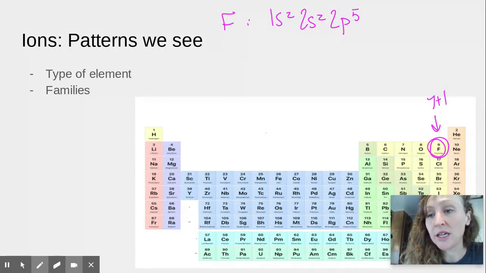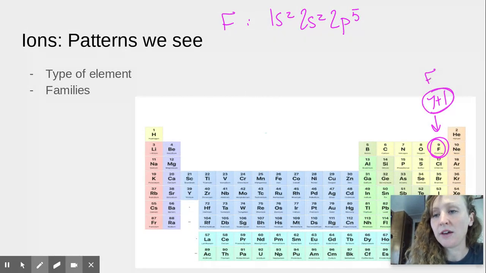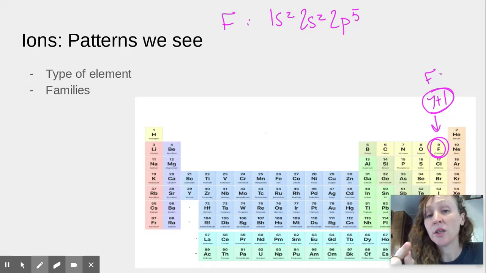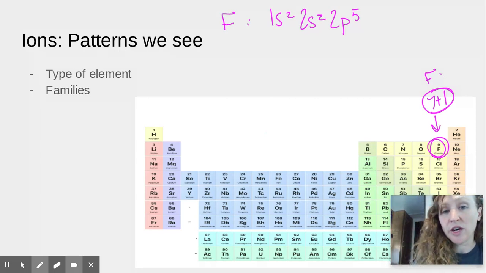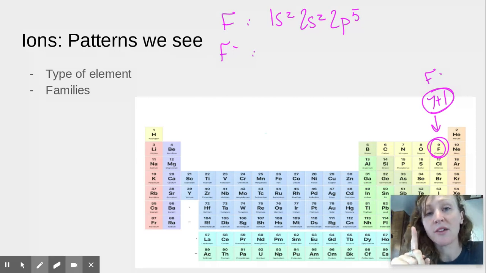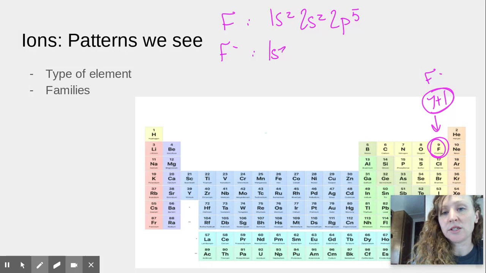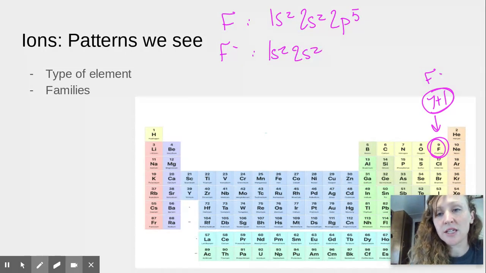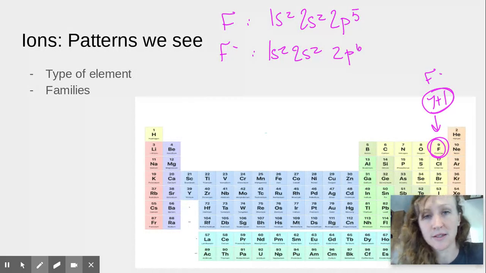It's going to gain 1 electron and become an F minus, right? So since it has gained 1 electron, you need to put 1 more electron in the electron configuration. So the electron configuration for F minus would just have 1 additional electron in it. 1s2, 2s2, and then instead of being 2p5, it's going to be 2p6.